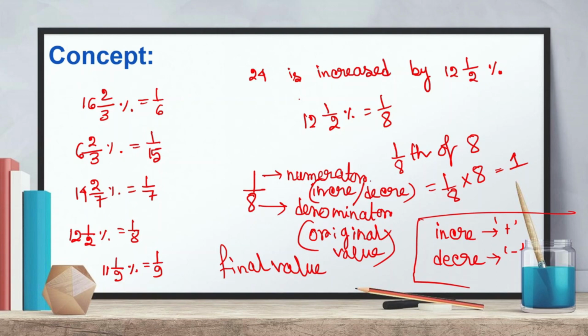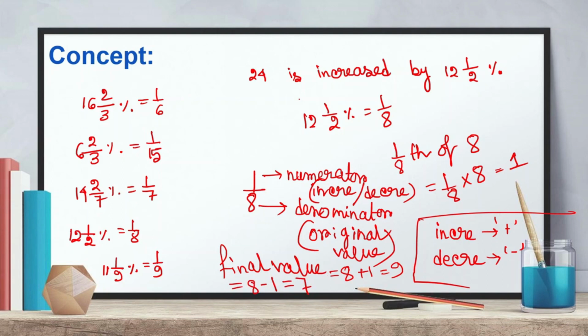Here it is an increased value, that's why the final value is 8 plus 1, that is equal to 9. If it would be a decreased value, then the final value would be 8 minus 1, that is equal to 7.